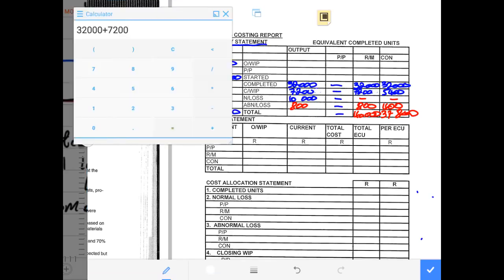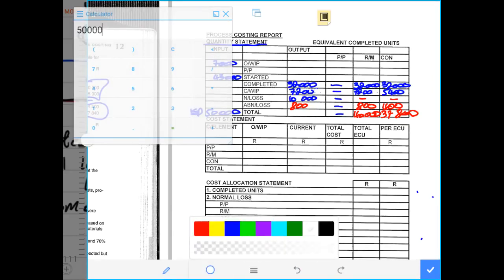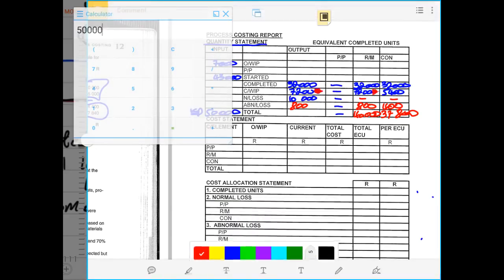So now we say plus 7,200 plus 10,000 and plus 800. That will give us a total of 50,000 units.